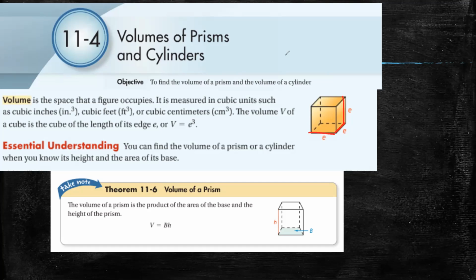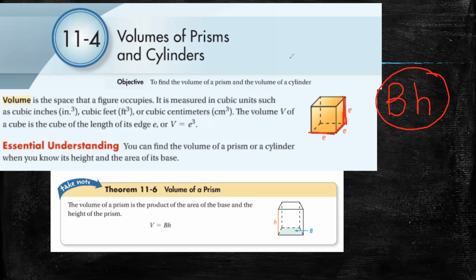To find its volume, what did we say? The volume of any shape is the area of the base times the height. So this is the volume. If I want to find the volume of any shape, I have to find the area of the base, then I multiply it by the height, which is an altitude that is perpendicular on the plane of the base.